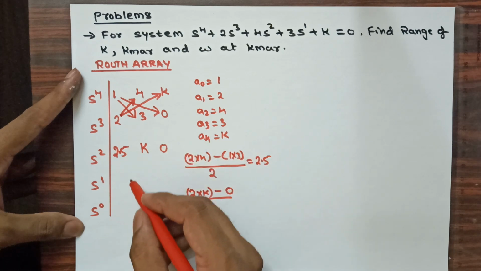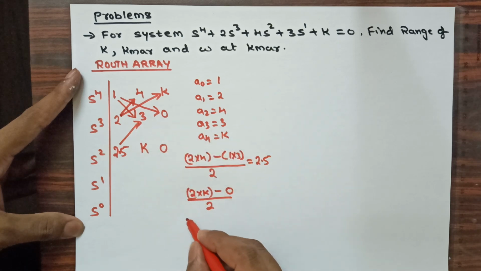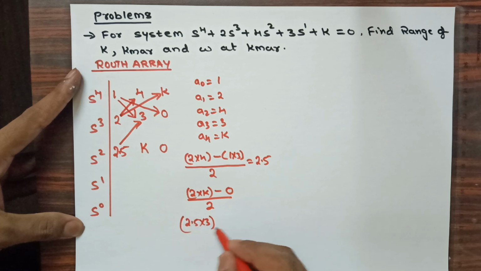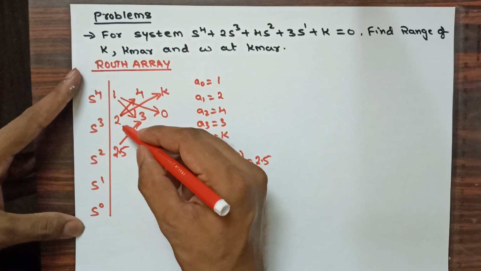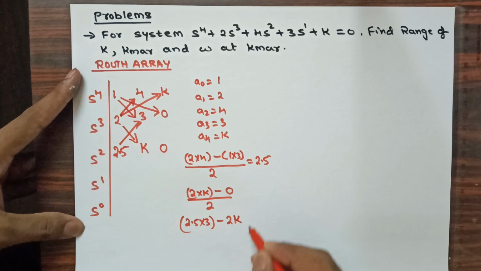Now to get s to the power 1, I am going to multiply 2.5 into 3 minus 2 into k, whole divided by 2.5.